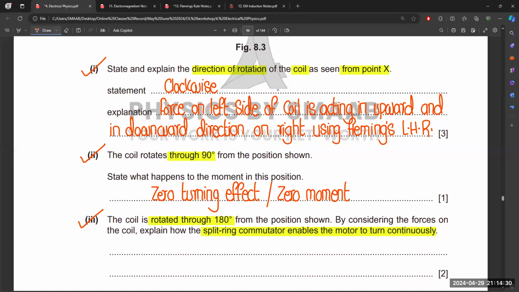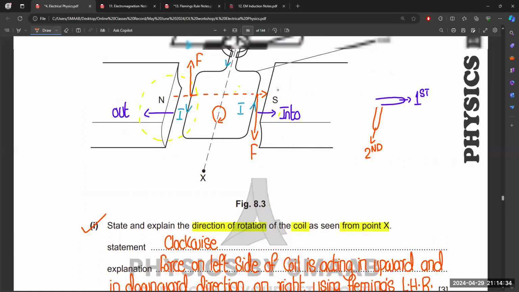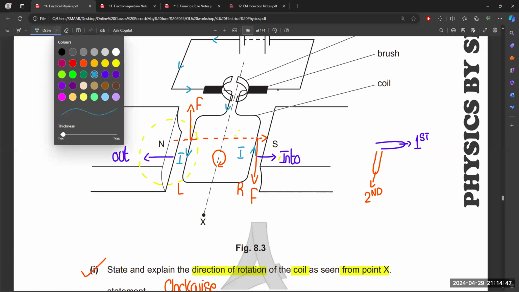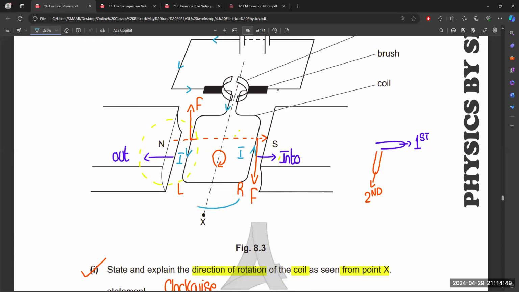Basically, the coil is rotated through 180 degrees from the position shown. Let's suppose this is the left hand side and this is the right hand side. After 180 degree rotation, the right side shifts towards this one, and the left side shifts towards the other side.